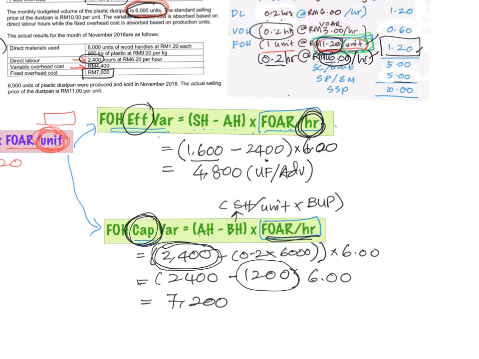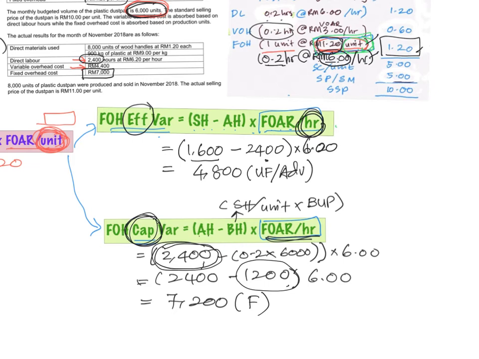You have budgeted less than what you actually have. So this is actually something good, because you have bigger capacity than what you expected. Therefore, we can say that the 7,200 is a favorable variance.